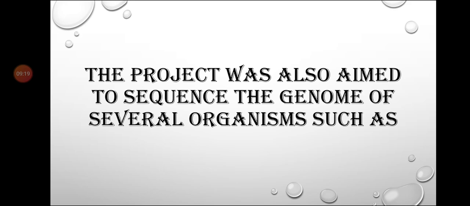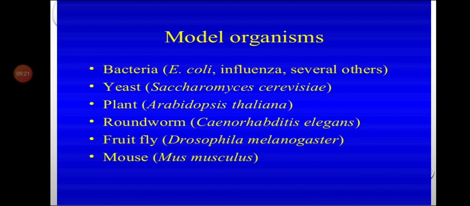Let us know those organisms, that is, model organisms we can say. Those organisms were bacteria, E. coli, and several others like Caenorhabditis elegans, free-living and non-pathogenic nematodes, etc. Then yeast, Saccharomyces cerevisiae.